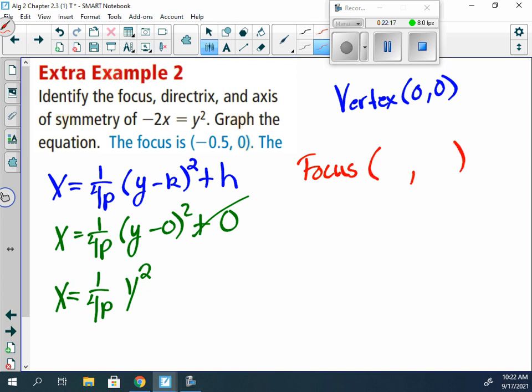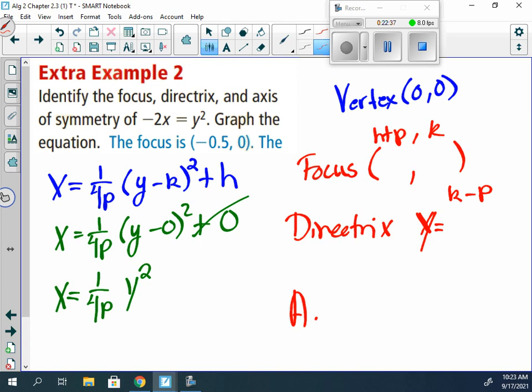is what? We can write it above it, h plus p comma k, yes? Directrix is x, y is equal to k minus p. And the axis of symmetry is x equals, no, I do this every time.